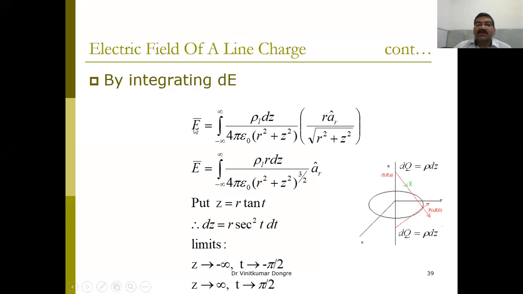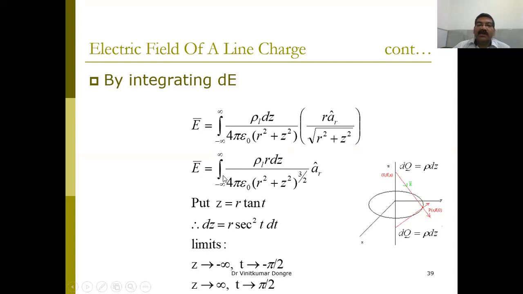So E equals integration of, suppose this is an infinite line charge, from minus infinity to plus infinity, rho L dz upon 4 pi epsilon 0 (R square plus Z square) into the bracket ar upon root of R square plus Z square, which we had derived in the previous slide.